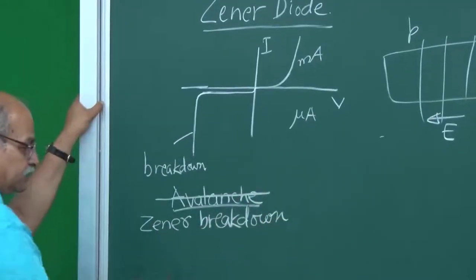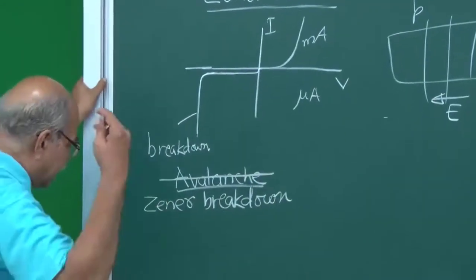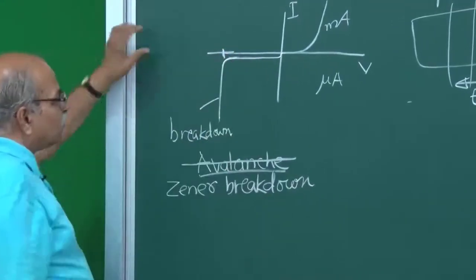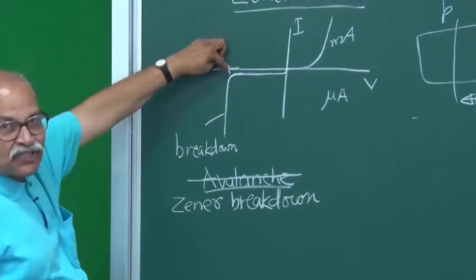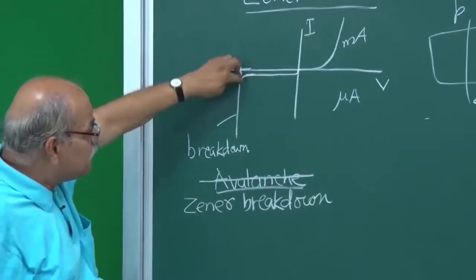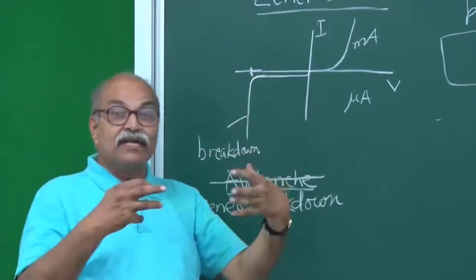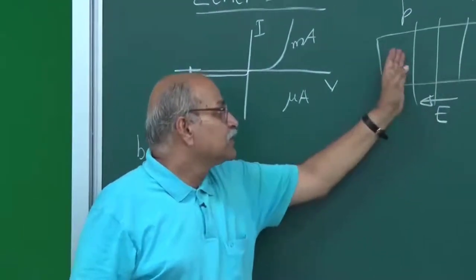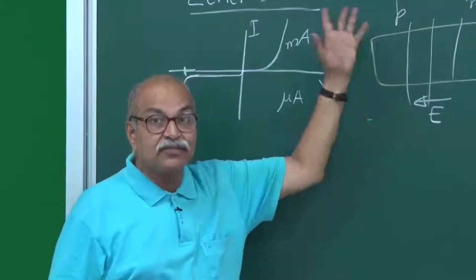The interesting part is that breakdown occurs at an almost sharply defined voltage. What that voltage is can be controlled by the diffusion of impurities, the concentrations of impurities, and so on.